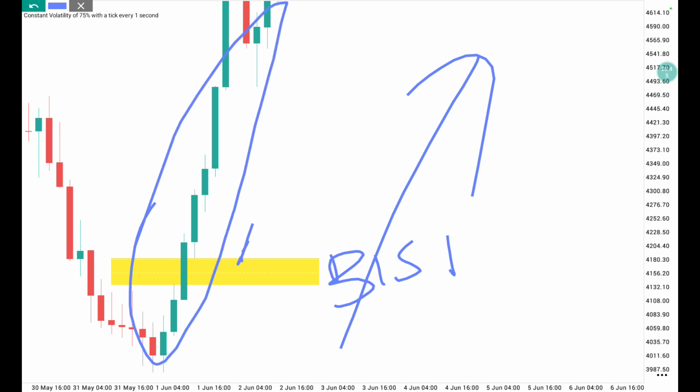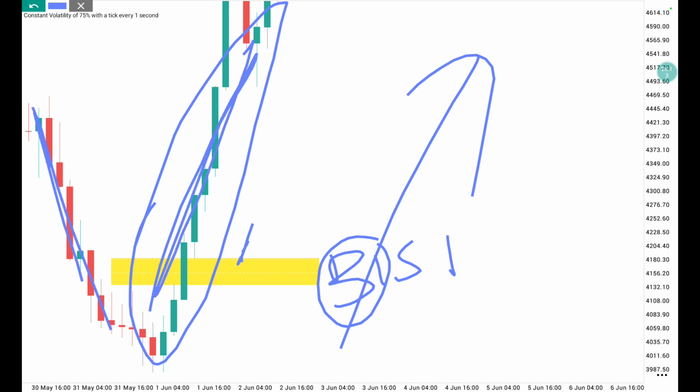Buy side imbalance, sell side inefficiency. You see that? This is the buy side. This is the sell side.